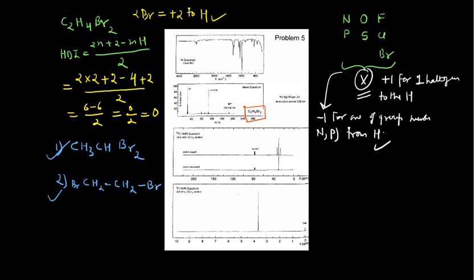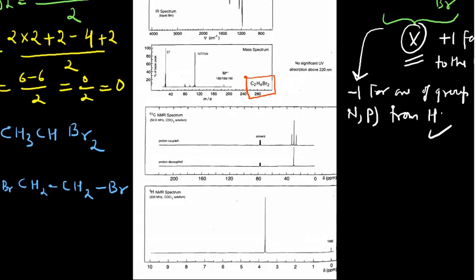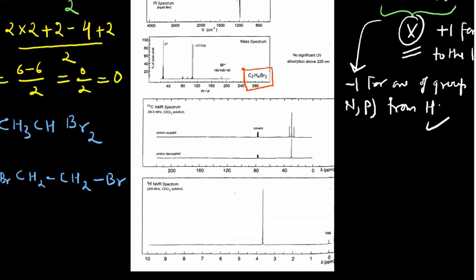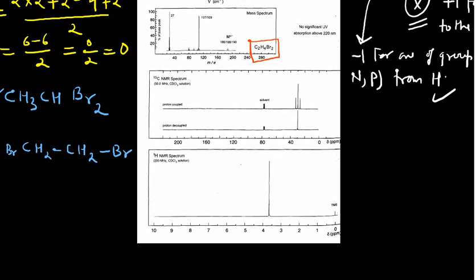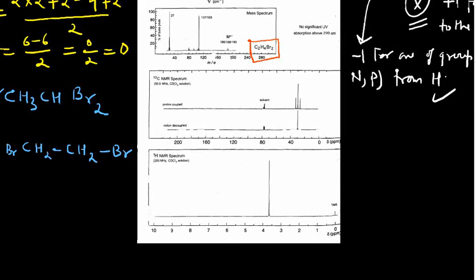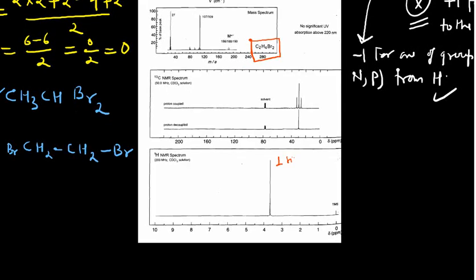So in routine what we will do, we will check the proton NMR spectrum for this one, and you see this is my proton NMR spectrum, and this proton NMR spectrum has only one peak, one signal, for hydrogens.